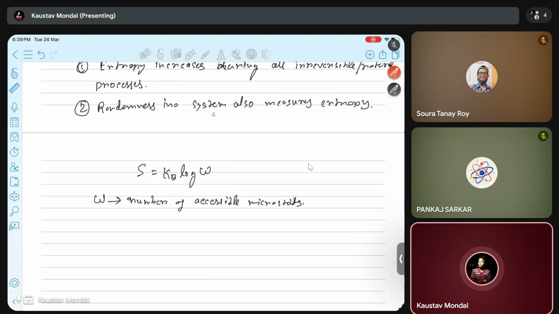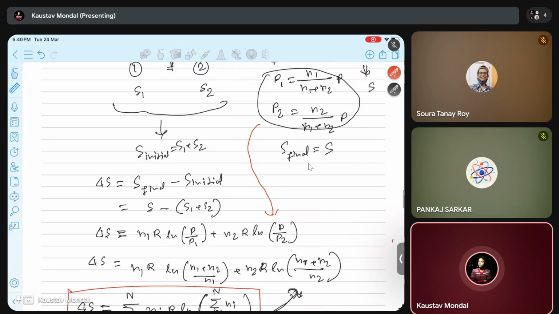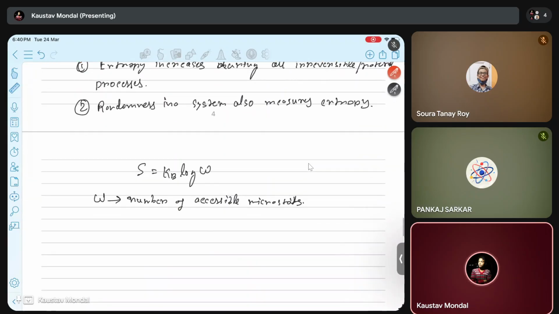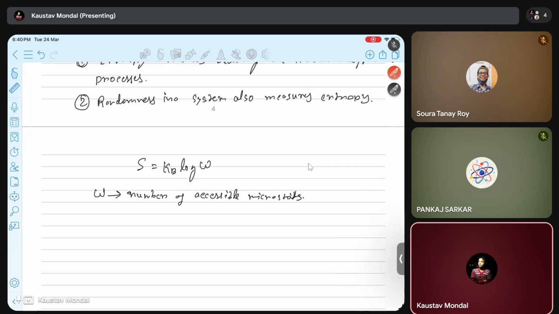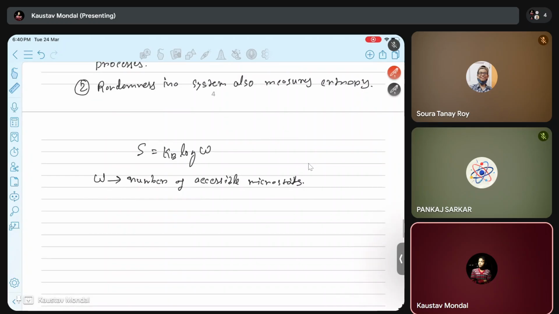In a simple way, when you mix the gas, for each of the gas particles the number of microstates that they can attain becomes higher. So W also becomes higher, and the change in entropy also becomes higher. This is discussed in greater detail in the course on statistical mechanics.